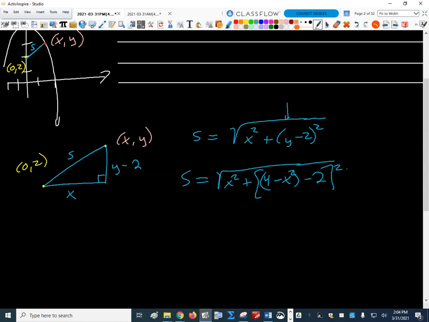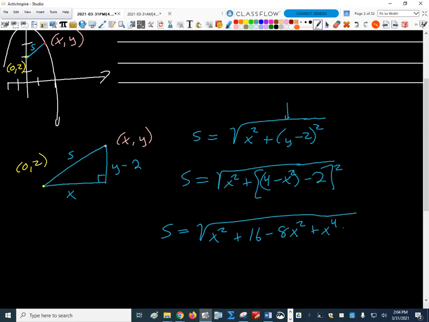And I could simplify that. Four minus x squared is going to be what? Well, I'm going to get 4 squared minus 2 times 4 times x squared. So 16 minus 8x squared plus x squared squared.